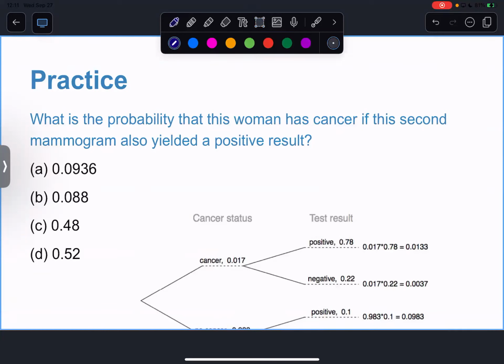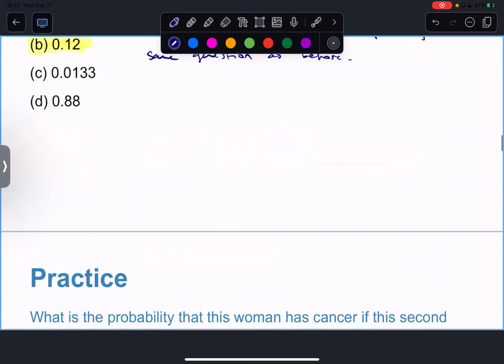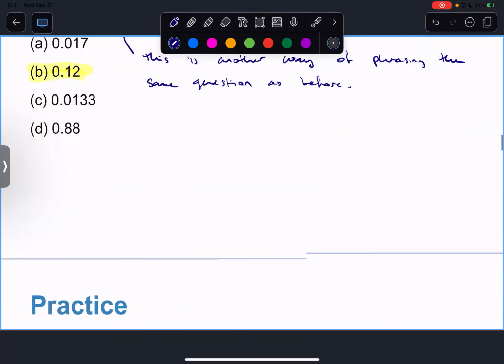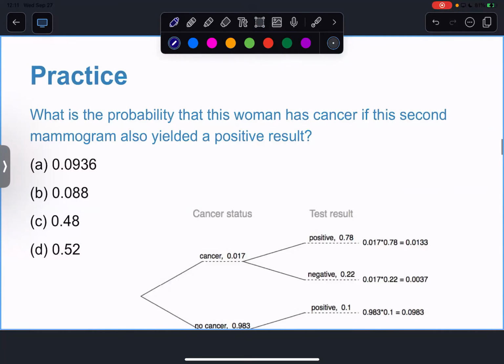So now, what were we finding before? That's confusing. We want to find the probability that they have cancer given a positive result from 2 tests.